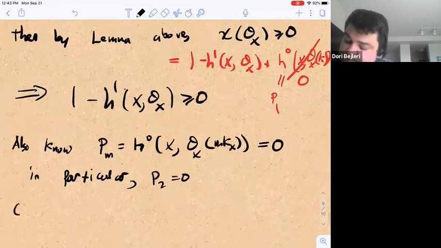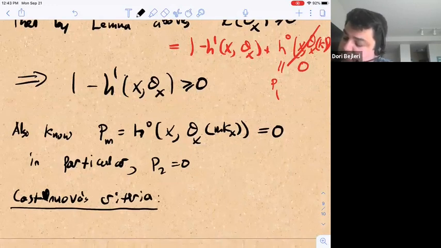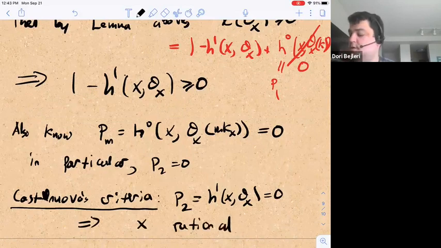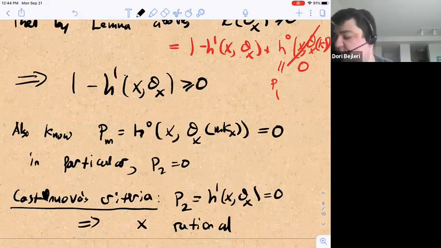But then we proved Castelnuovo's criterion for rationality last time, which implied that if P2 and h^1 were 0, then the surface is rational. But in our case, we're assuming that the canonical is nef, so the surface can't be rational. Because if it's rational, then we'll end up with P2 or P1 cross P1 when we run the minimal model, or actually Kx is nef, so it's already minimal.